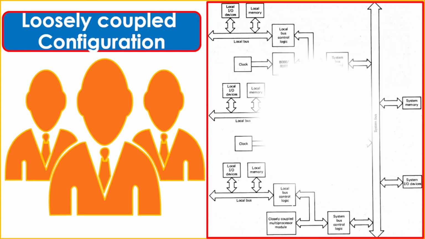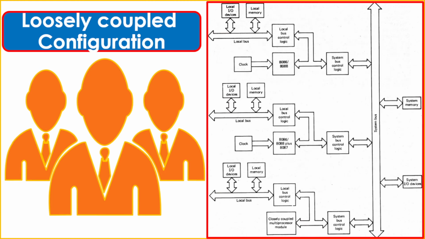The next one is the loosely coupled configuration. Loosely coupled configuration means we are connecting multiple coprocessor systems, multiple closely coupled systems, in a single configuration, in a single board actually. We have a global memory, which is called the system memory, and global IO devices. Then every configuration has an 8086, a local bus controller, local IO system, and system bus logic.